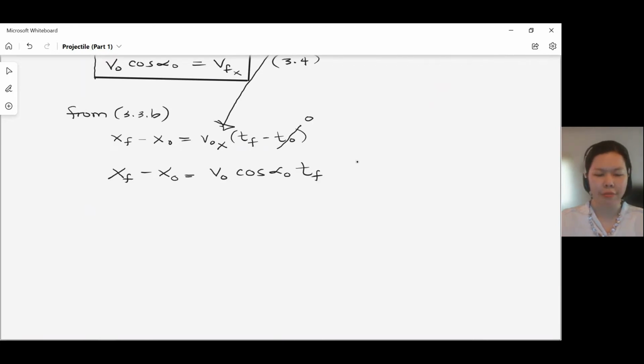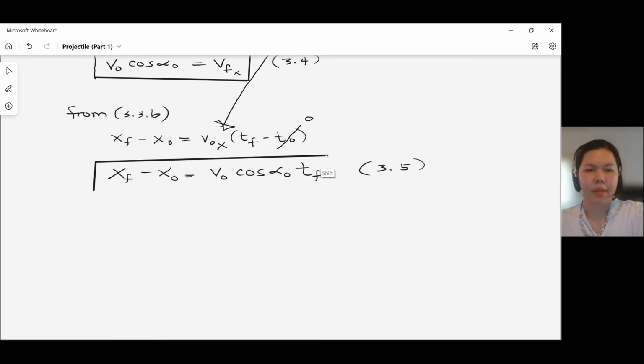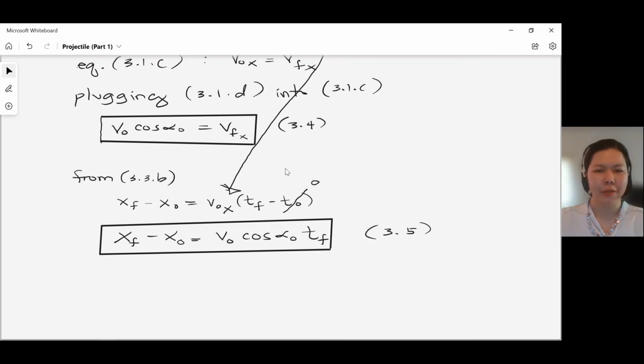Just copy the tf. This is now our equation 3.5. So along the x-axis of a projectile motion or trajectory, the vf x, or the final velocity along x, is v naught cosine alpha naught. And along the x-axis, xf minus x naught equals v naught cosine alpha naught t final.